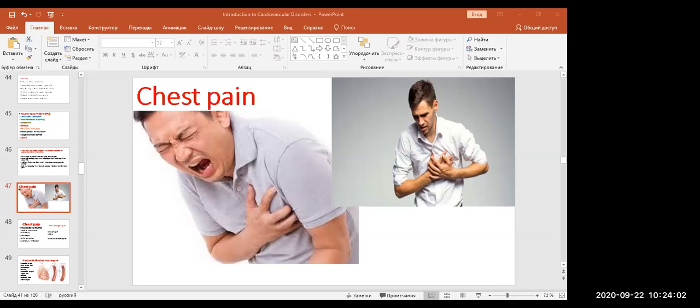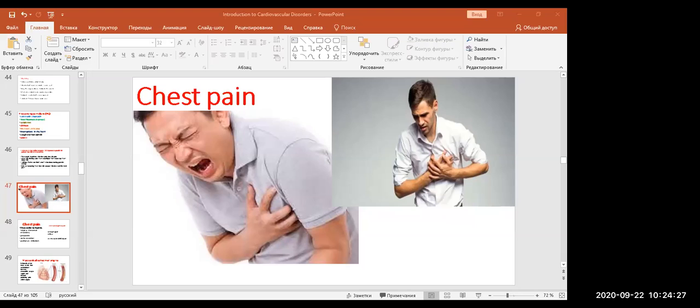In previous years, the prevalence was about 7.6 million people, and angina pectoris was about 8.2 million.